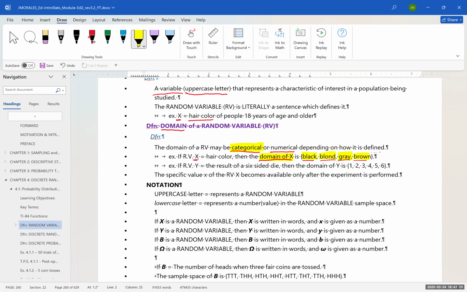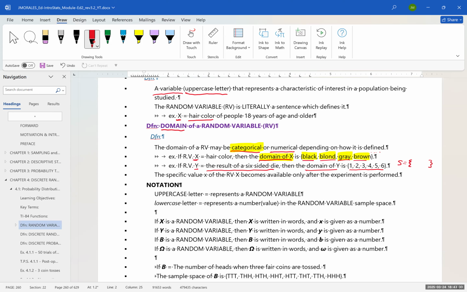Okay. The next example, we have random variable Y, which is the result of a six-sided die. Then the domain of this random variable would be 1, 2, 3, 4, 5, and 6. So I think back in chapter 3, the previous chapter, we referred to the sample space, and the sample space was all possible outcomes.